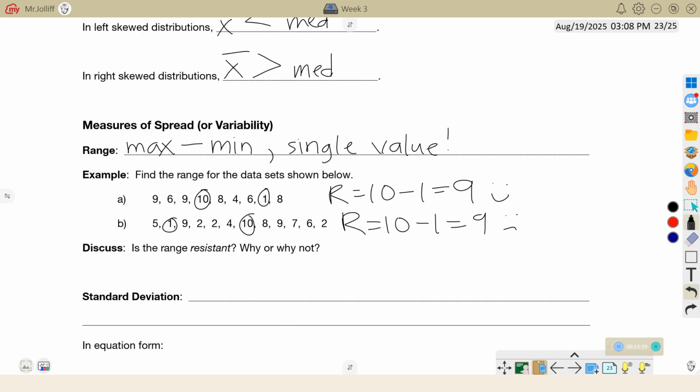Quick question for you. I'm going to give you a couple seconds to talk in your group. Is the range a resistant statistic? Discuss.